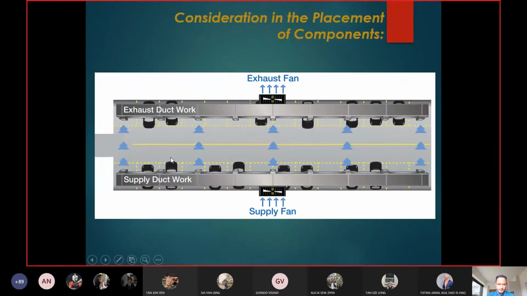Right? And then on the other side, there's another fan, an exhaust fan, pulling out the air inside the basement through the grill here, the exhaust ductwork grill. So the polluted air in the basement parking is captured. Okay, it's taken from this grill, and then it's taken out to the atmosphere.